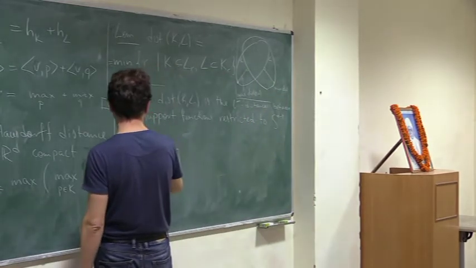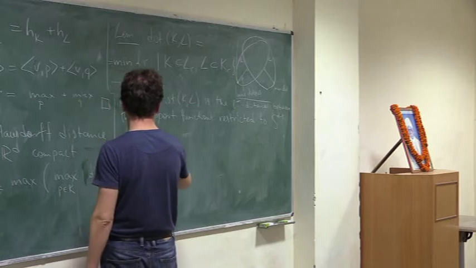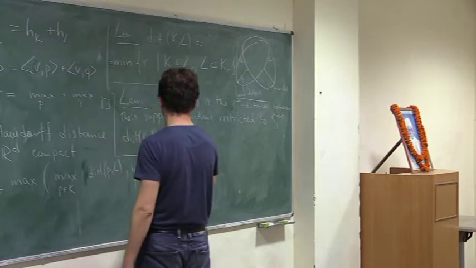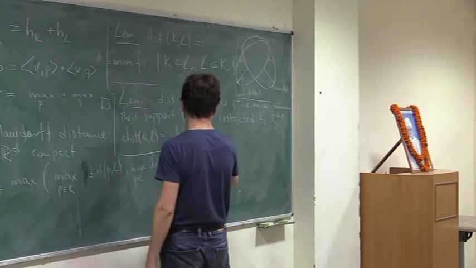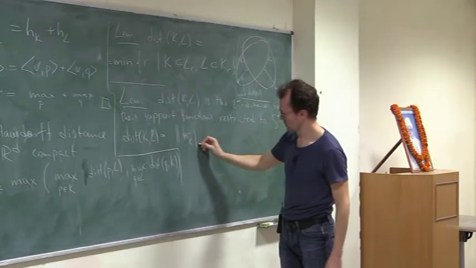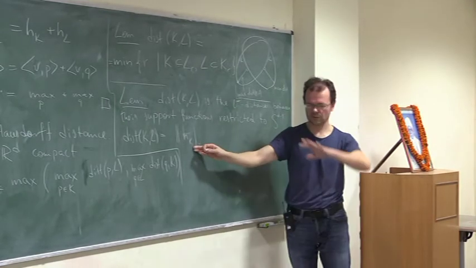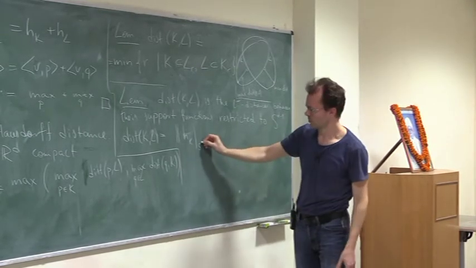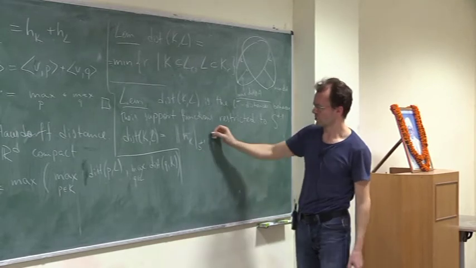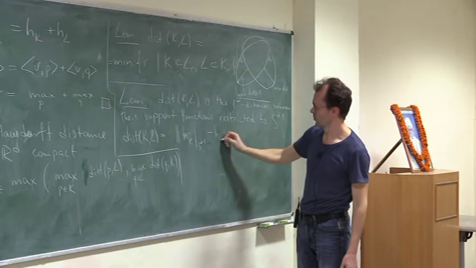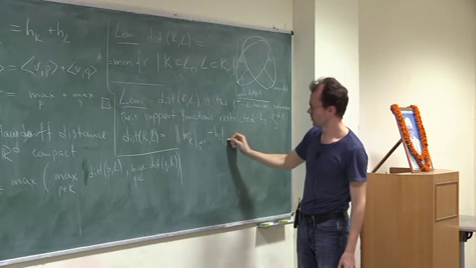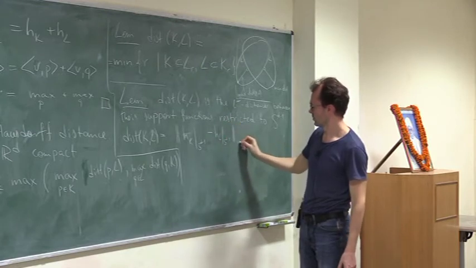So the distance between K and L is equal to the following: I take the function h_K, which is defined on the whole space R^d, restrict it to the unit sphere, to the vectors of length 1, subtract the function h_L, also restricted to S^(d-1), and take its infinity norm.